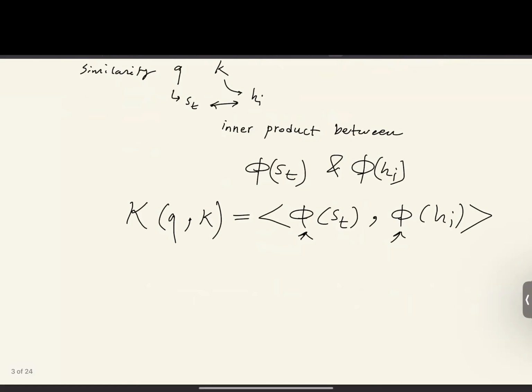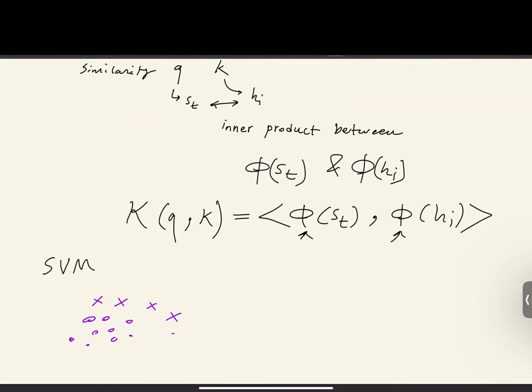We saw this, if you remember, in support vector machines, for example, where we had the problem of separating, let's say, two groups of data points like this with a linear plane or line. This is a two-dimensional space, let's say. Let's call it x1 and x2.